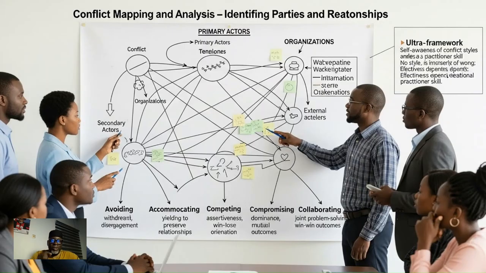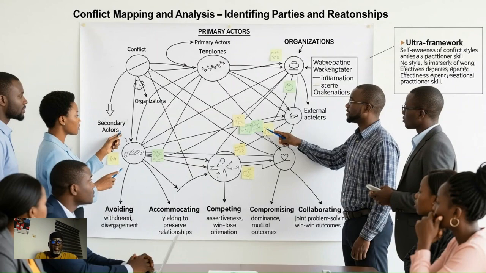Then number 2 is understand relationships. That means you have to analyze the relationship between the parties, including power dynamics, alliances, and points of contention. Identify areas of cooperation and even conflict. Then the third aspect is to define the issue. That means you have to clearly outline the issues at the center of the conflict.